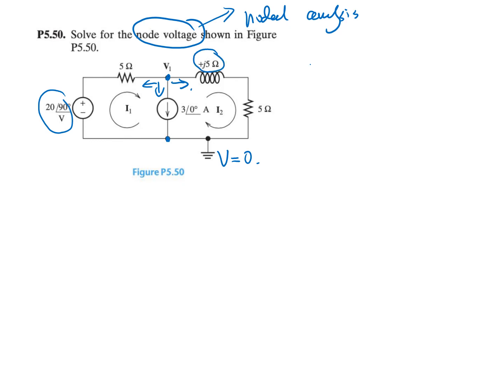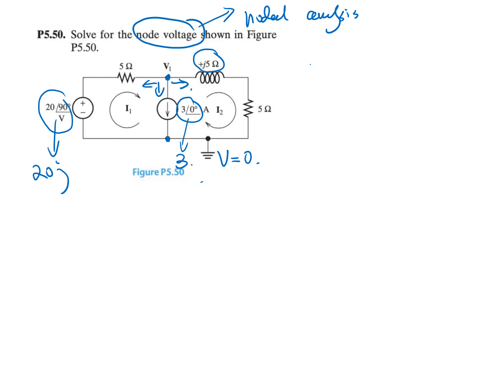So my recommendation here for our convenience in calculation, is better to convert into the rectangular form. It will be easier for us to manipulate the numbers. So let's first convert that 20, the angle of 90 degrees, into its rectangular form. That is 20j. And here 3, the angle of 0, that is just 3.